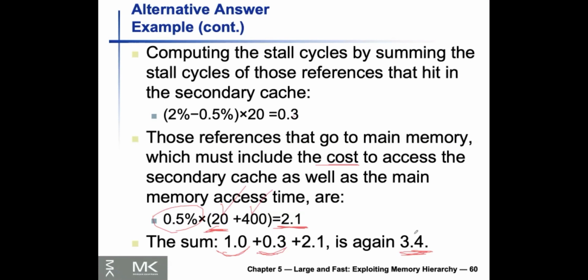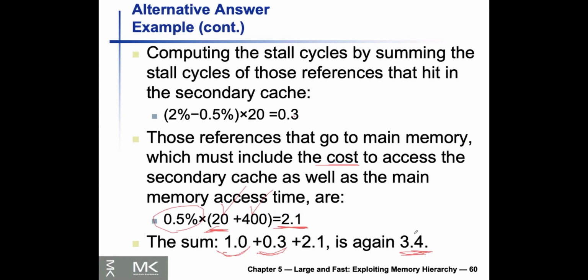On the other case, L1 missed, L2 missed as well, so you need to go to memory. So you have to pay the price of 20 nanosecond cycle for L2 and 400 cycle for your memory. And those cases are how many times in ratio is 0.5%. So you multiply and you're going to come up with 2.1.